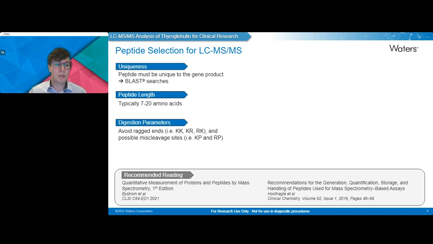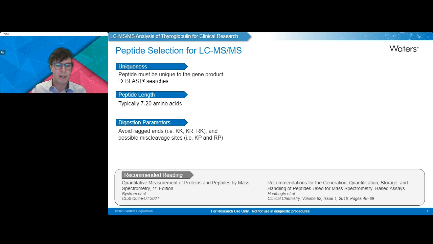Trypsin is typically used for digestion of these proteins, and it cleaves at the C-terminal of arginines and lysines. However, you do want to avoid the ragged ends that are associated with this. Those are amino acids in the sequence that would contribute to digestion variability.